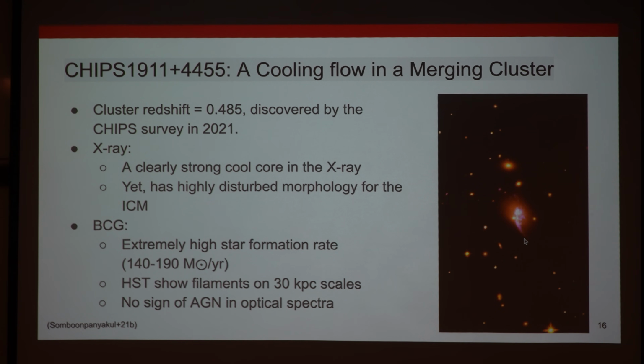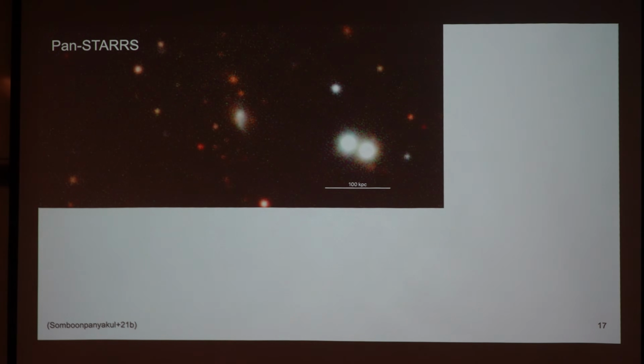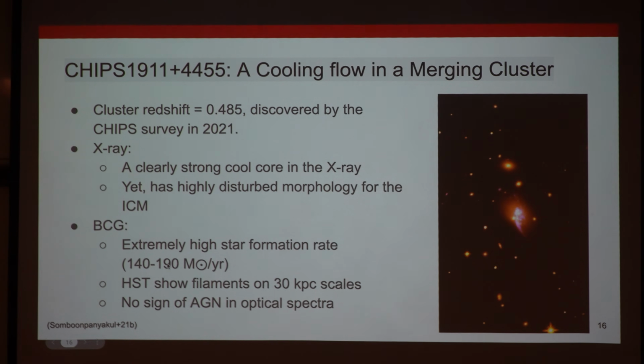And I don't see any sign of optical AGN in the spectra that we have observed. Okay, so that is a quick summary of a galaxy cluster called CHIPS1911, and I will go back and tell you more about how we found it and what we learned from it along the way.